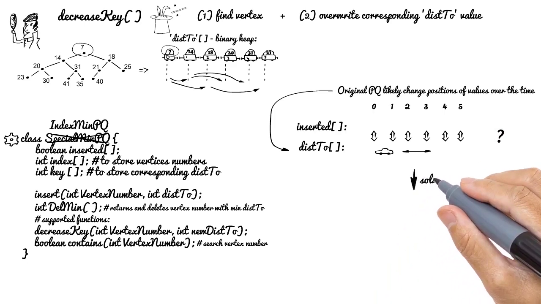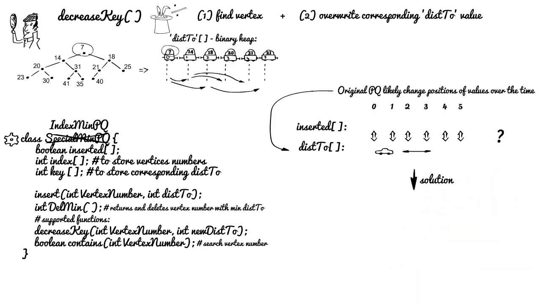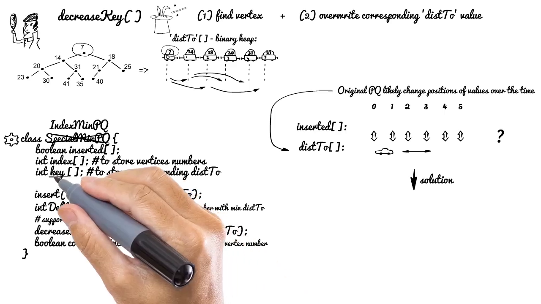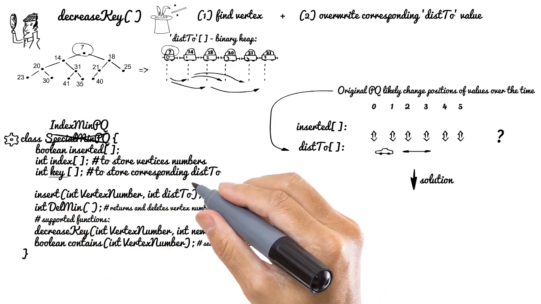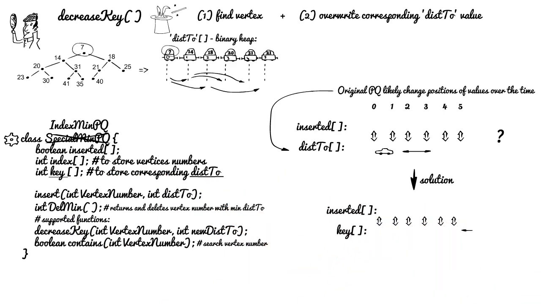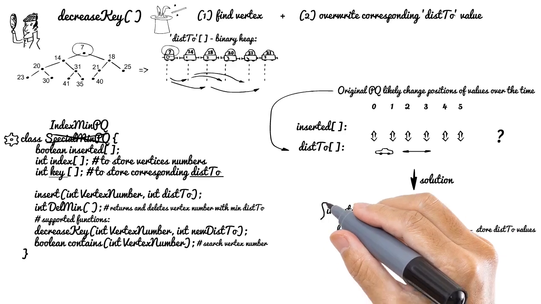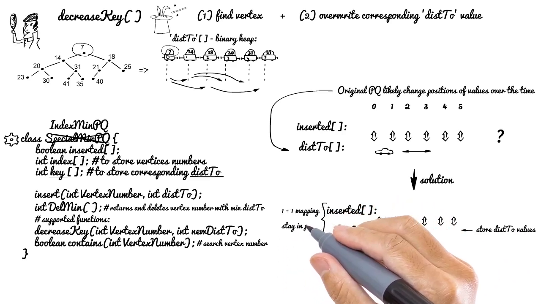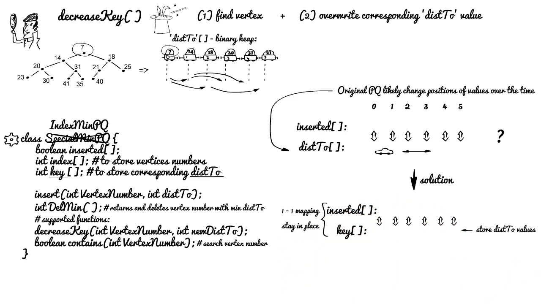The answer is, since vertex numbers are indexed and have limited values, we can introduce an extra key array storing just keys, distance to values. And, which is more important, the values of this array stay in place. So later we can easily overwrite the decrease key value fast enough.